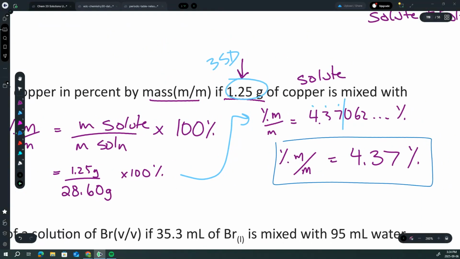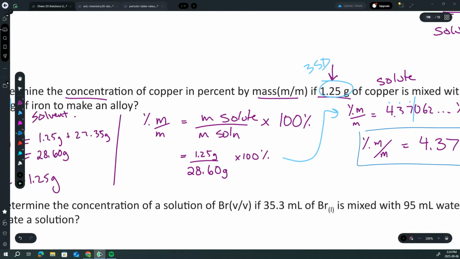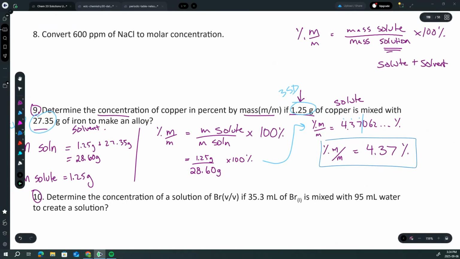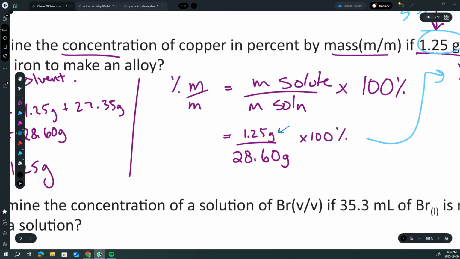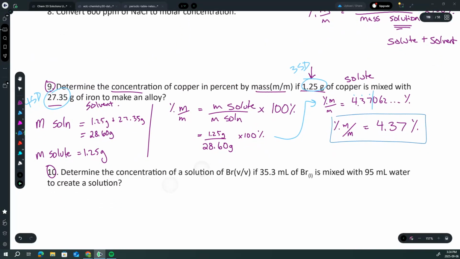One thing that I didn't talk about as I was doing the calculation, but I did talk about on the first page of this lesson, is you've got to make sure that the mass of your solute and the mass of your solution are in the same units for this formula to work out.